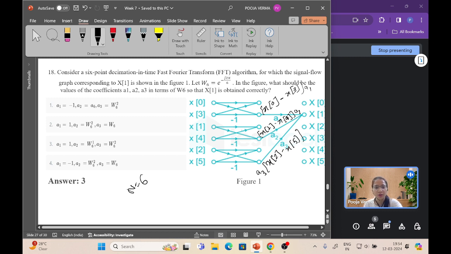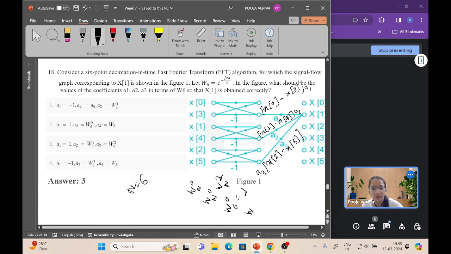So what are the values of a1, a2 and a3? We have already seen that in the butterfly diagram. In the first stage we have to multiply by W_N^0. In the next stage we have to multiply by W_N^0, then W_N^1, depending on the number of stages. So here W_N is W6, already given, so W6^0 is 1.